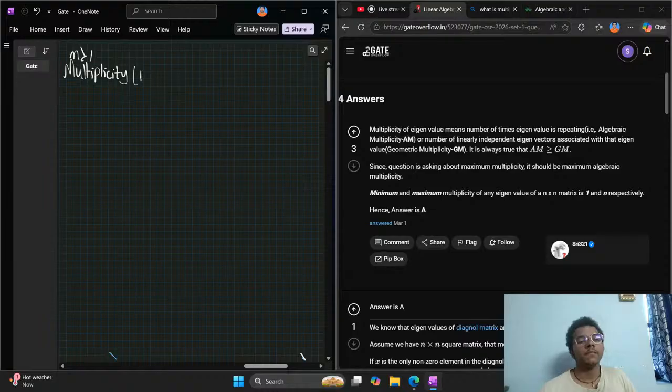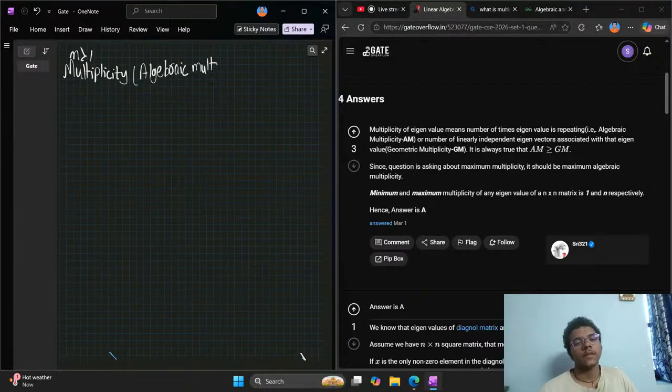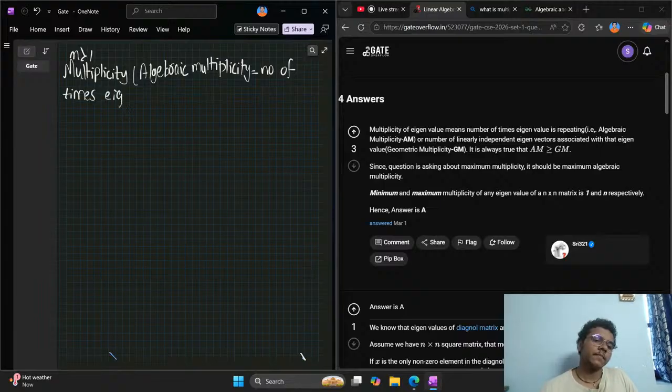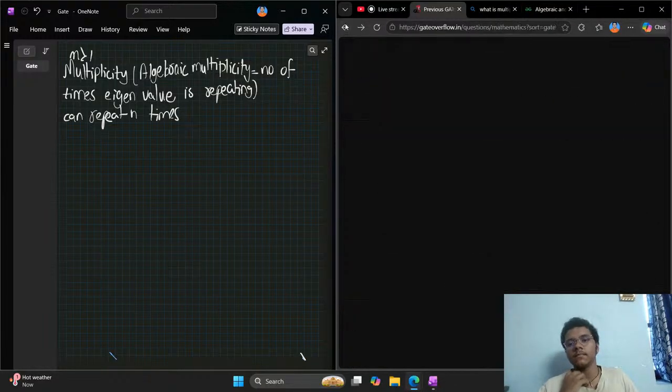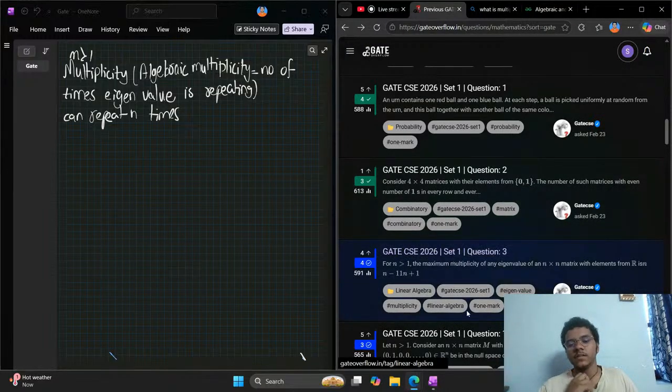Multiplicity, algebraic multiplicity, number of times an eigenvalue is repeating. Can repeat n times at maximum. Okay. Simple, simple, simple.